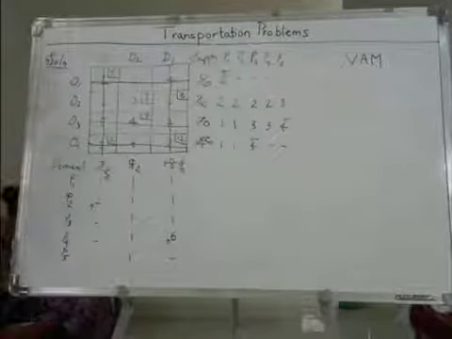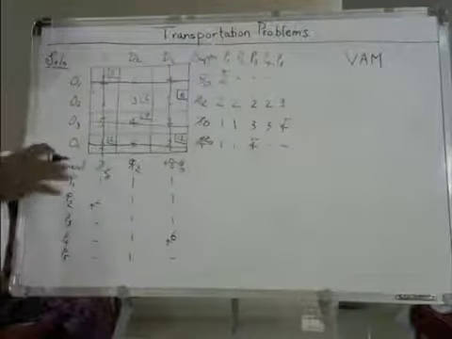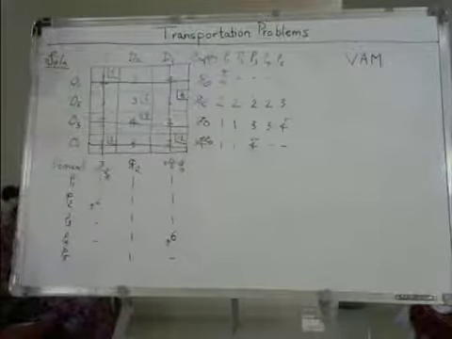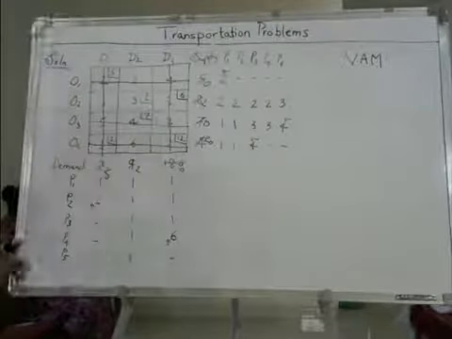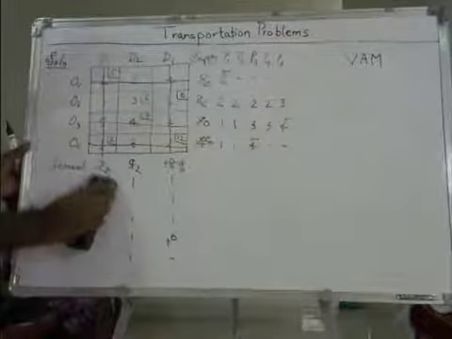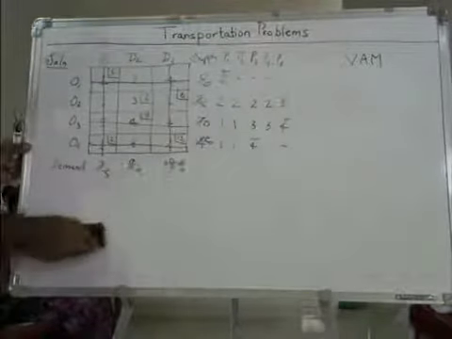So in this way, through Vogel's approximation method, I have allocated all the demand and supply. Once allocation is done, what is the third step we need to do? Find the total cost. Before I find the total cost, I will take this penalty cost from here for ease of operations. I'll get more space.